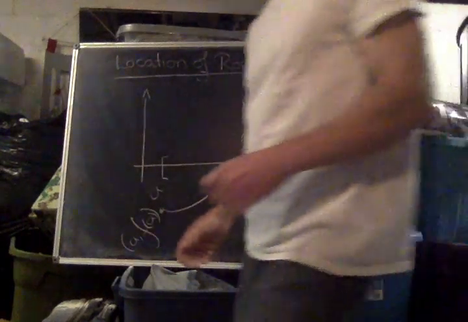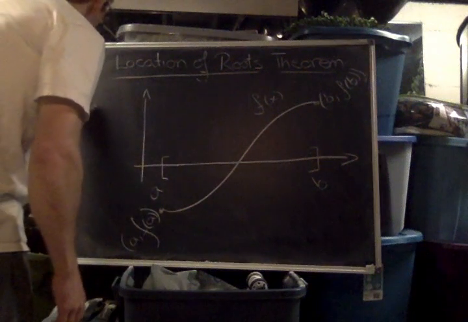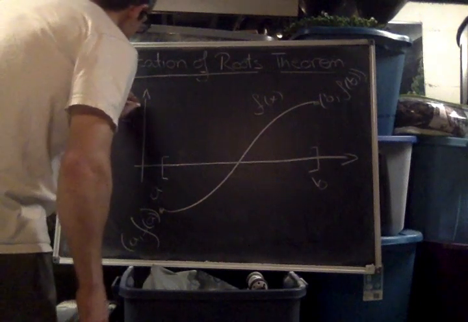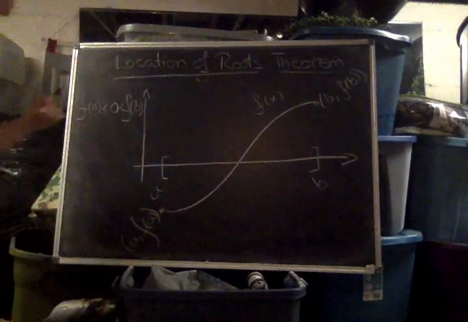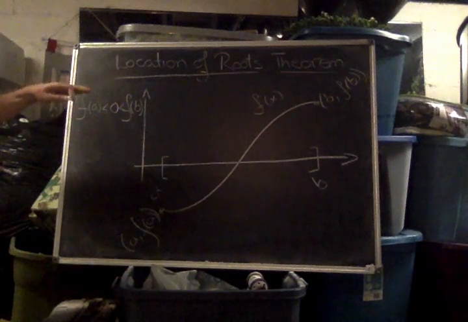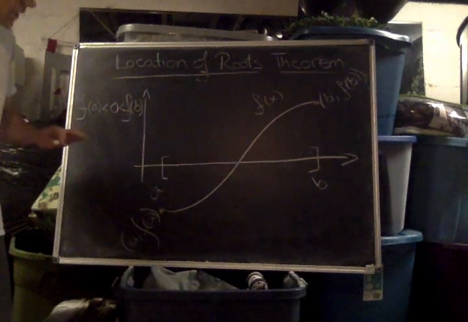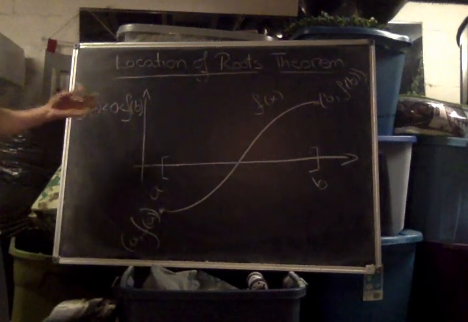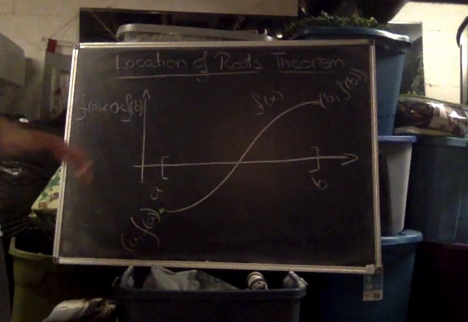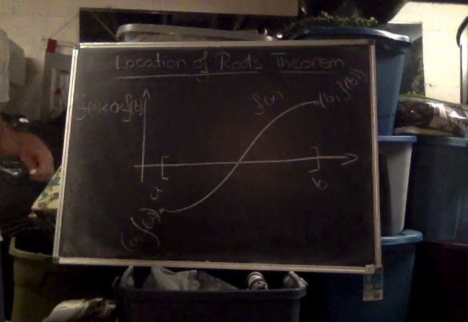So I am taking the specific situation where f of a is less than 0 is less than f of b. Okay? The argument will be completely analogous for the case where f of a is greater than 0 is greater than f of b. We're just going to go through the details for this case. Okay?